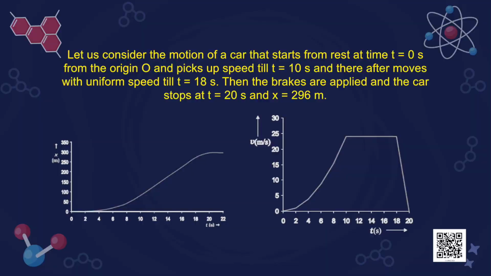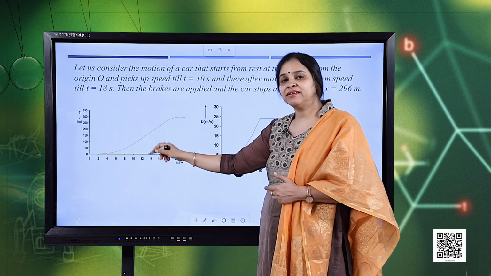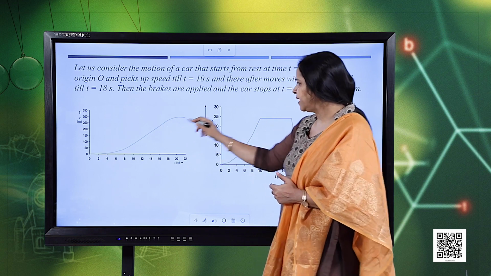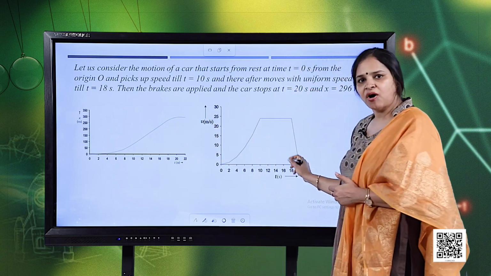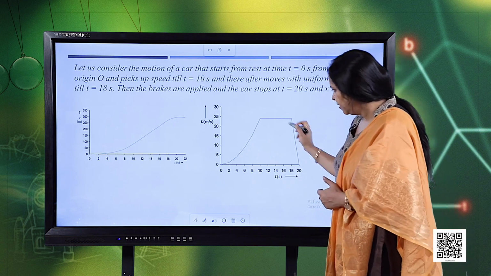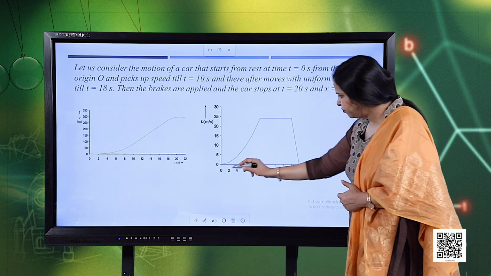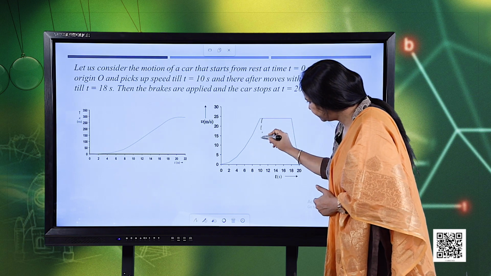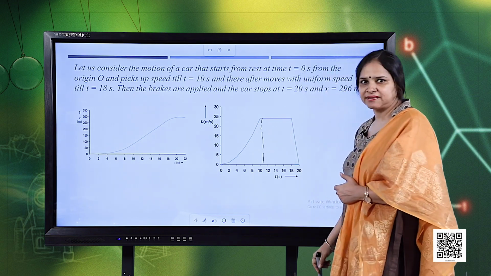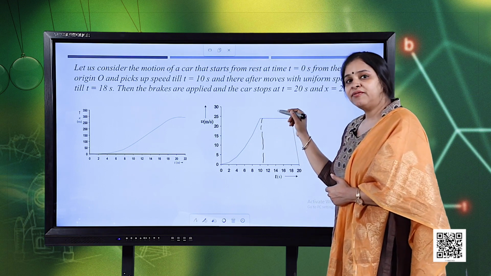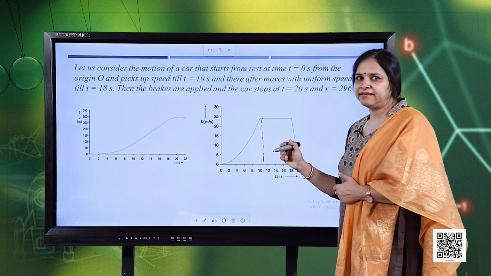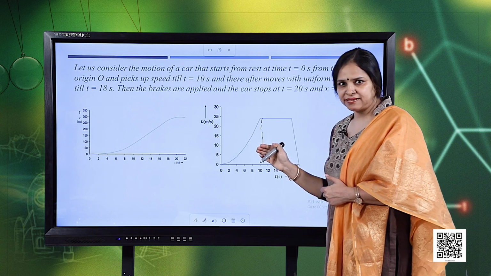Using the same information, by drawing the tangent and the slope at each point, we can find the velocity at each instant, and this is the pattern we will obtain. Look at the region between 0 to 10 seconds, just pay attention. This curve represents that the velocity is not increasing at a uniform rate.